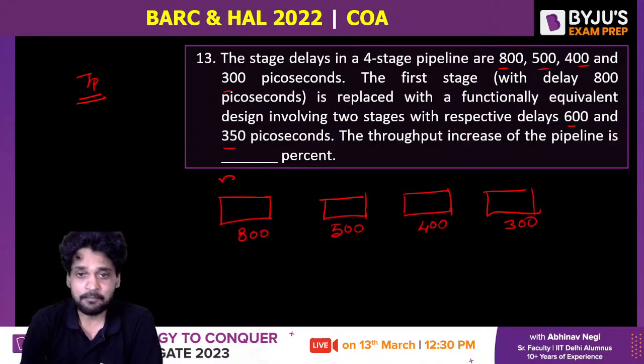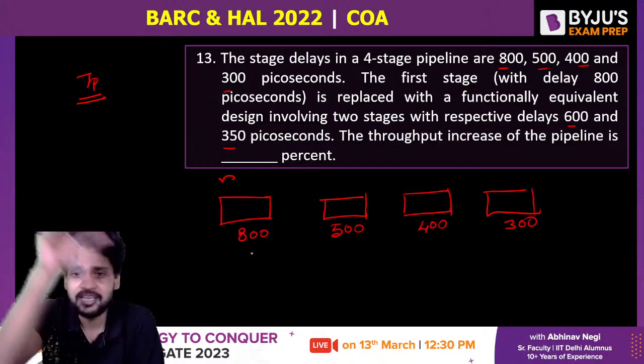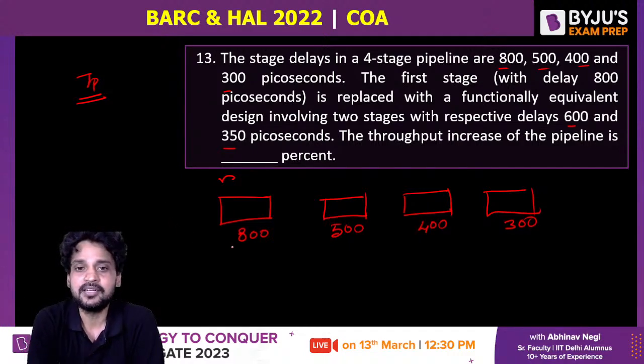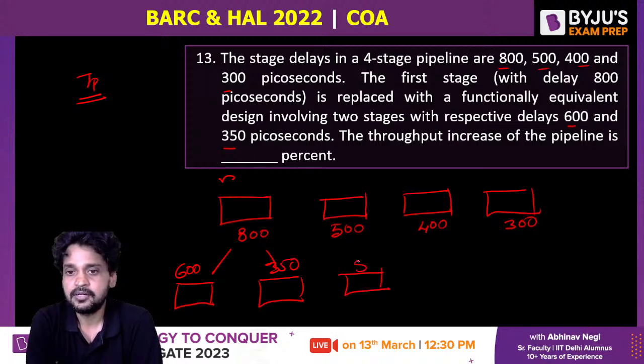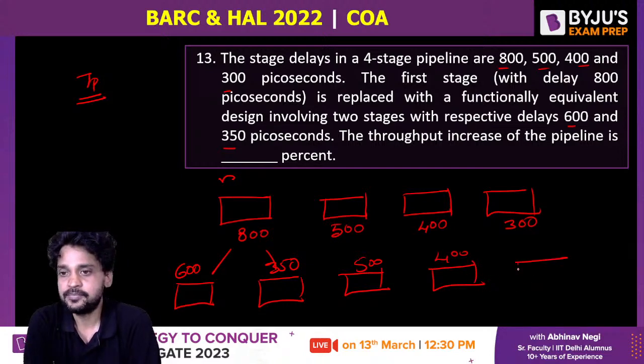Now, this has been updated to the next level pipeline. In the next level pipeline, this 800, the maximum time consuming segment, is going to get divided into 2 different segments, in order to increase the throughput. Okay, TP is max segment delay, right? So this has been divided into 600 plus 350, and 500, 400 and 300.